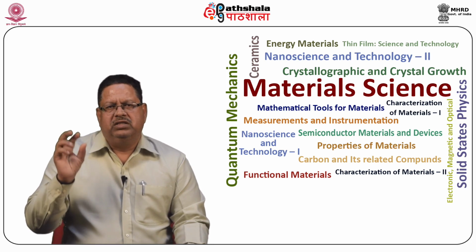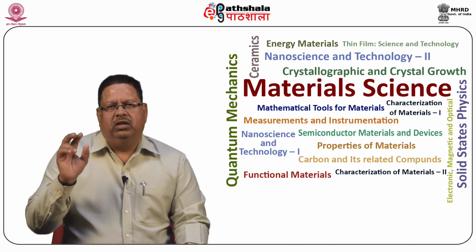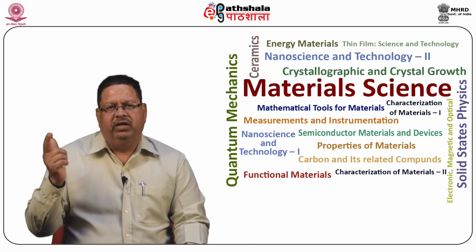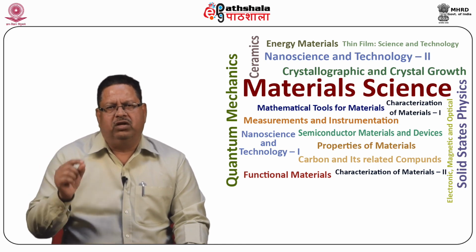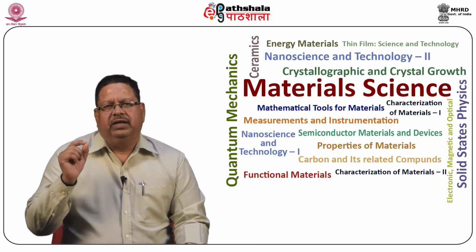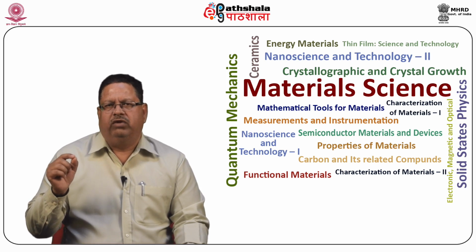Since isospin is conserved in the strong interaction, the isospin operator commutes with the strong interaction Hamiltonian. But since it is not conserved in the electromagnetic interaction, it doesn't commute with the electromagnetic Hamiltonian. That is, [H_s, T] is equal to 0, but [H_electromagnetic, T] is not equal to 0.